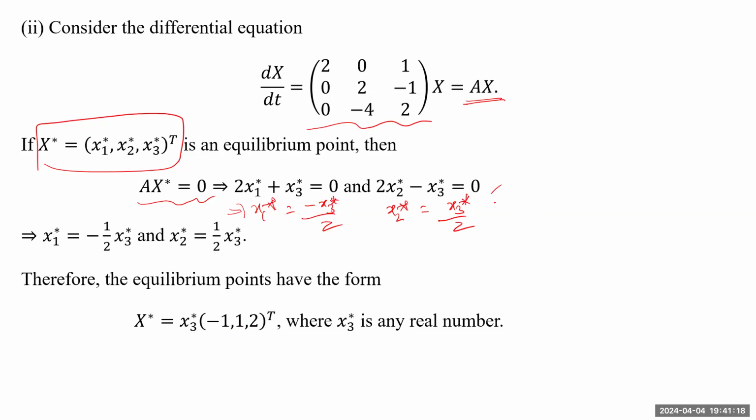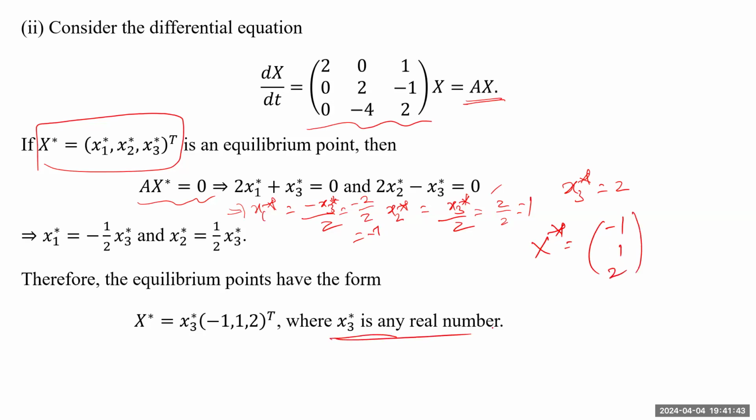I am just taking an arbitrary value. If I take x3 star equal to 2, then 2 by 2 is equal to 1 here, and minus 2 by 2 is equal to minus 1. So the equilibrium point x star is equal to (minus 1, 1, 2). So x3 is any real number. This is the way to identify the equilibrium point.